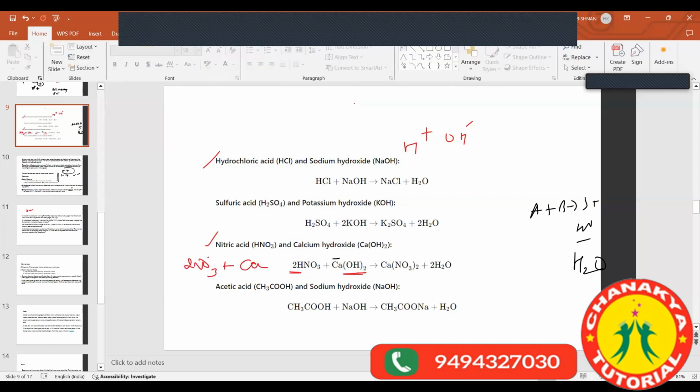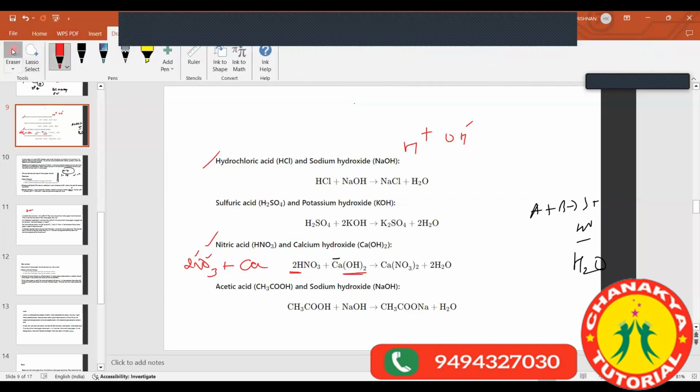So 2NO3 means how many nitrogen are there? I have taken H and OH from this 2, and I'm just writing 2NO3 plus Ca only left. Everybody understood why it is Ca(NO3)2?